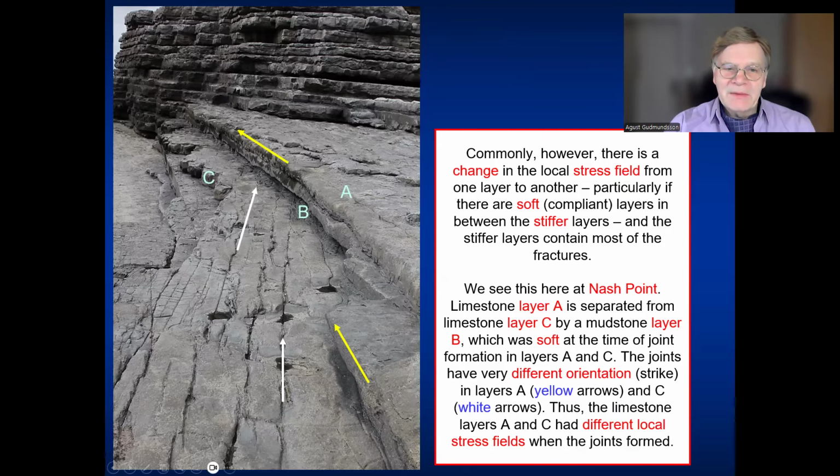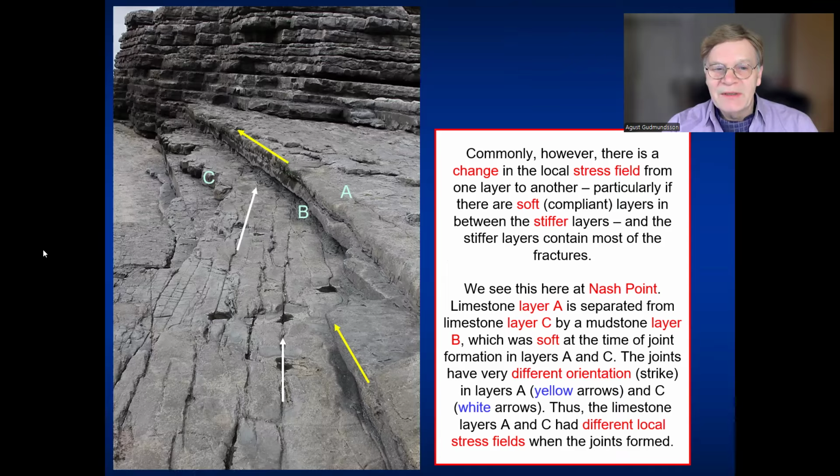So that means when these joint sets were forming, layer A had a totally different local stress field from layer C. Why? Because in between was layer B, which is mudstone, and at that time, layer B, the mudstone, was probably mud, very soft, very compliant.